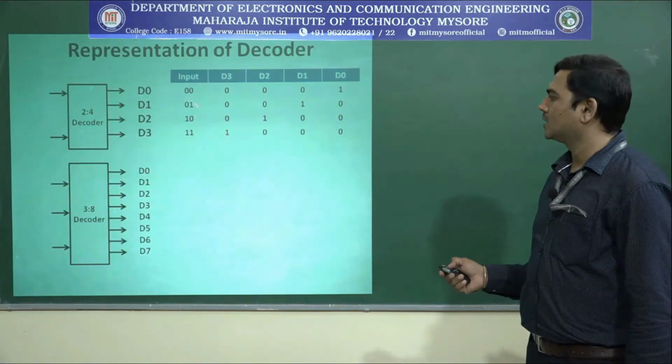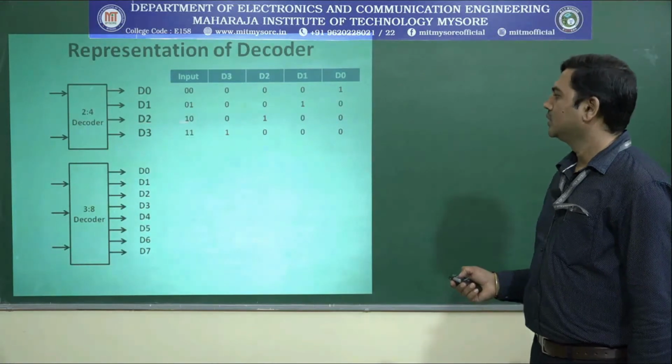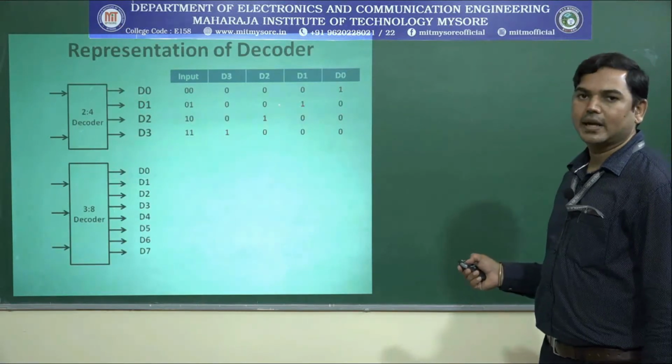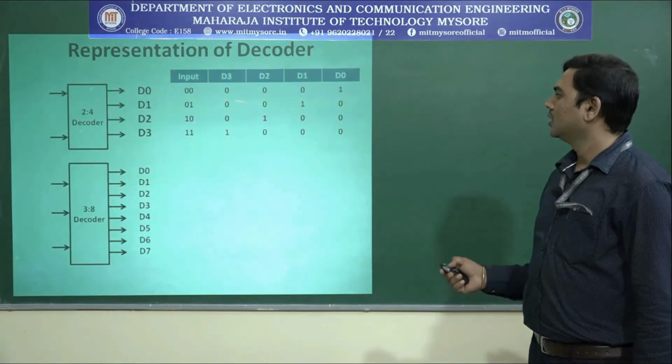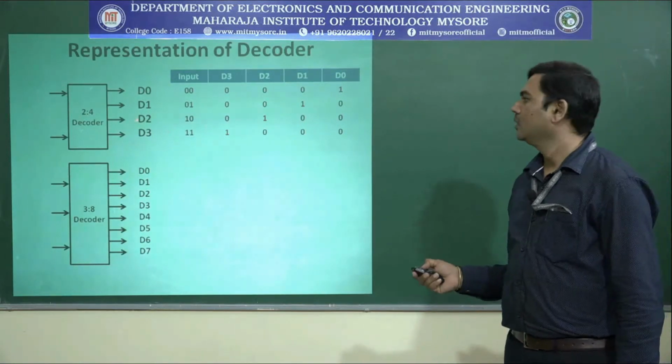If I place an index 0, 1 here, a 0 here and 1 here, then the channel D1 will respond by saying yes sir. All other channels will be at low.